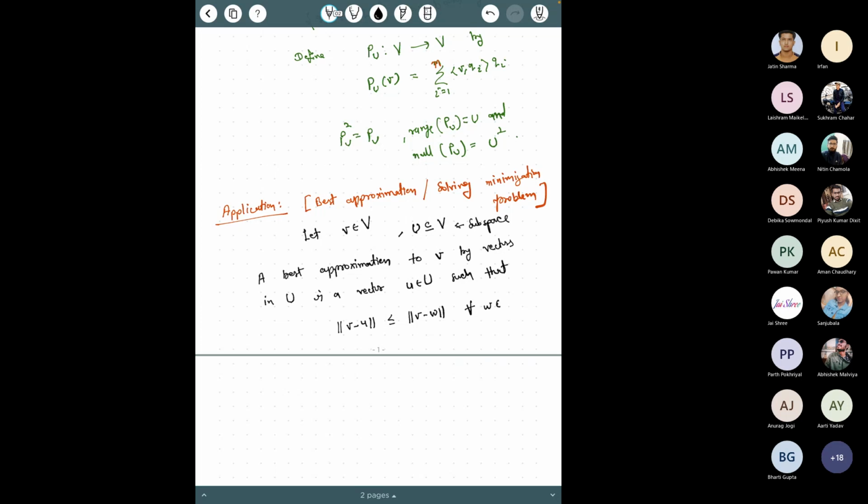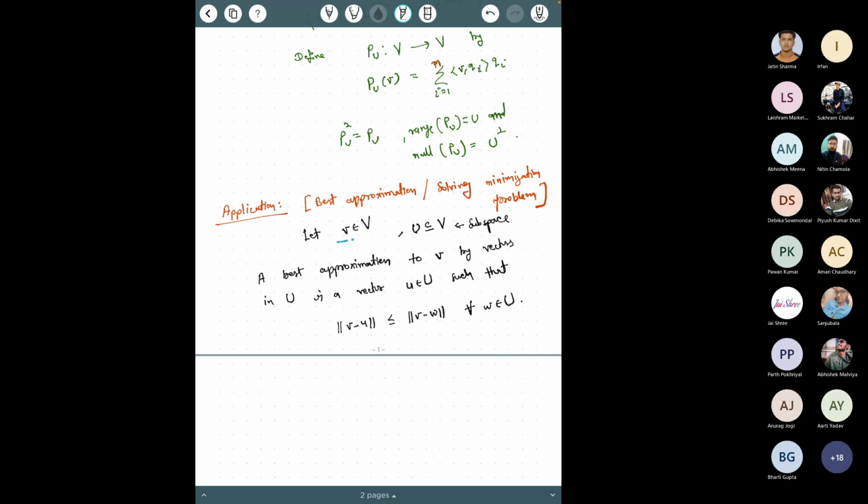The language might look confusing, but when I explain it, it will be very clear. I'm starting with a vector v and I'm also given a subspace U. I need to find a vector in the subspace U which is nearest to this vector v.